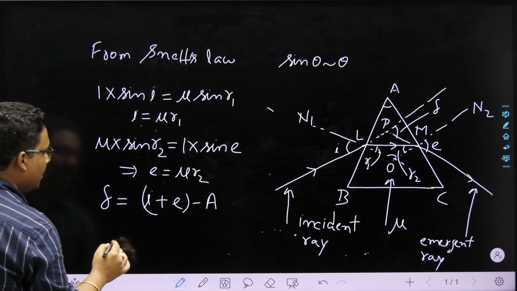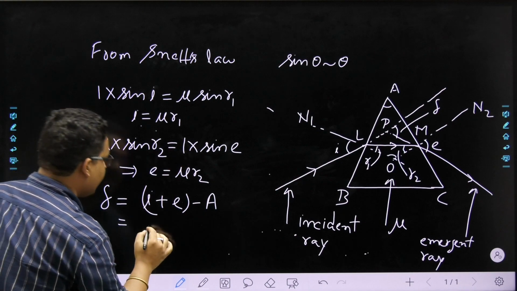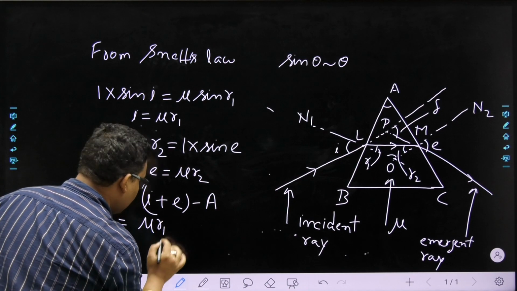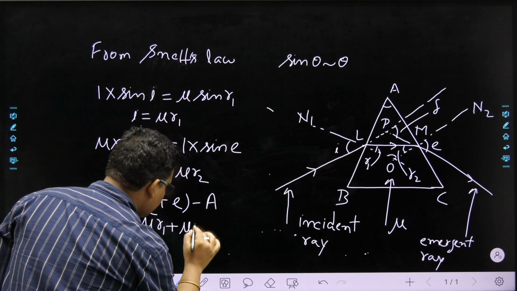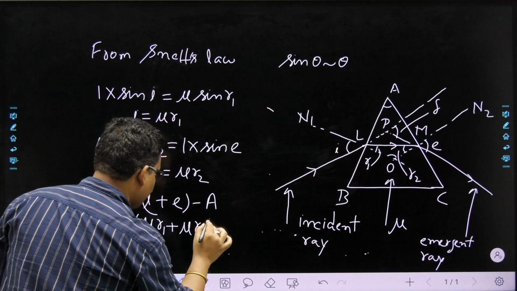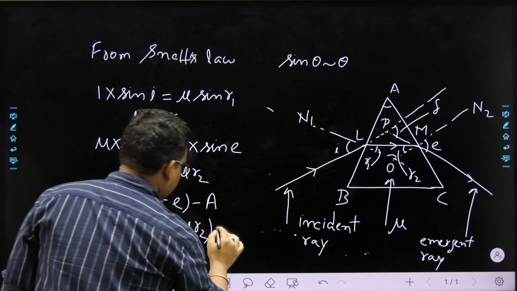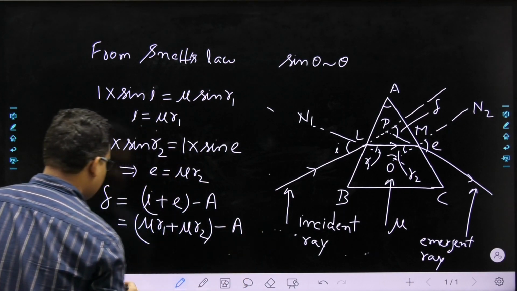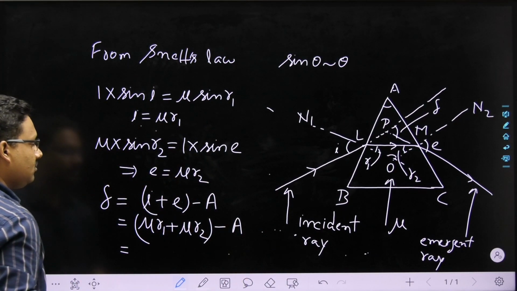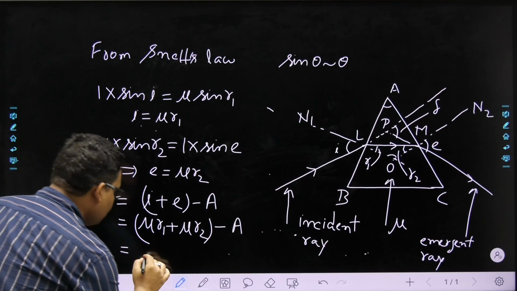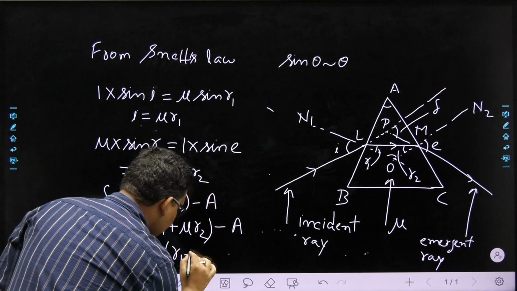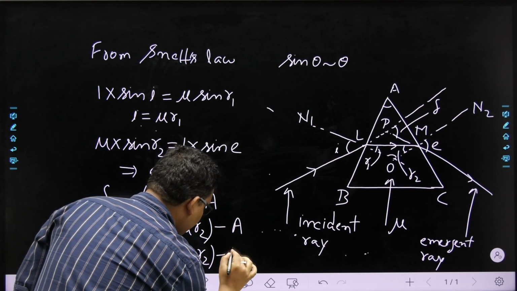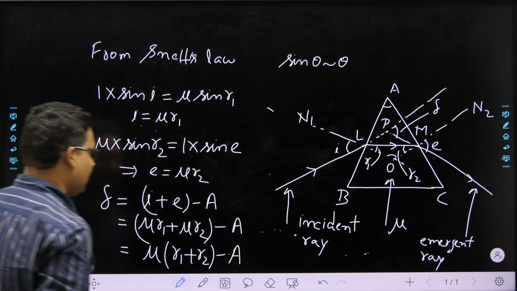So we will put the values here. In place of i we will write mu r1, in place of e we will write mu r2, minus A. So it will become mu, r1 plus r2, minus A, clear.